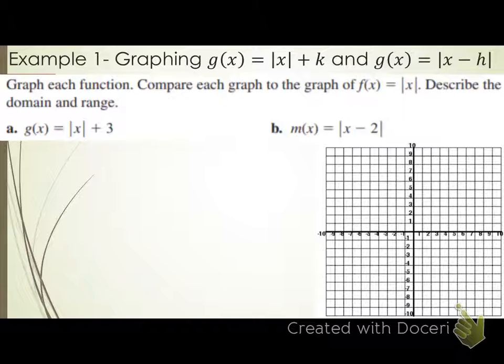Where's the vertex of my parent function? Make sure we're not reading, doodling, or on our phones. We're paying attention, taking notes. Where's my vertex? The origin, 0, 0. What's the slope of the left half? -1. So I can go up 1, left 1. Just go up at that angle.